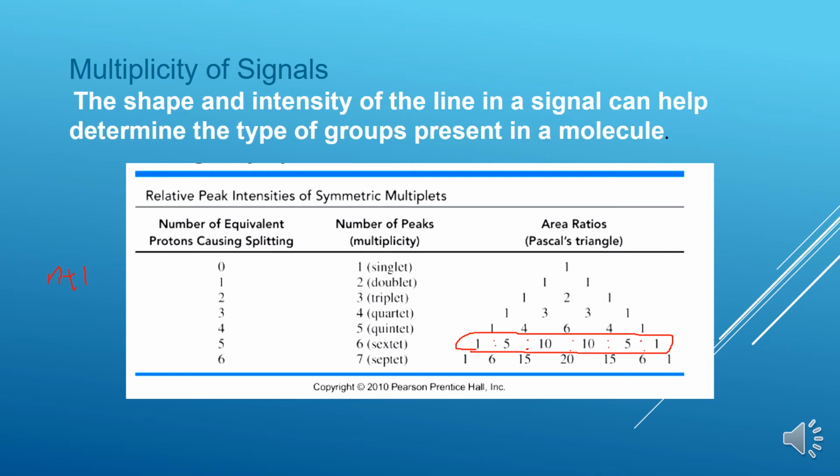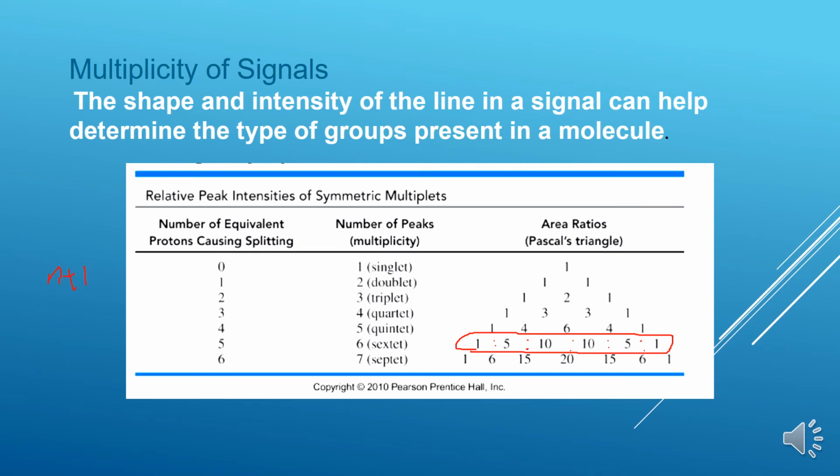So this will be the relative peak intensity, because your peak is split into 6 lines. Each of the 6 lines has these relative intensities, distributed like 1 is to 5 is to 10 is to 10 is to 5 is to 1.